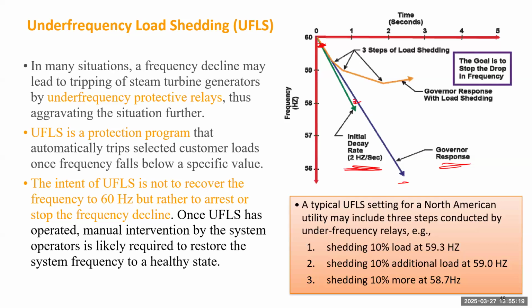For instance, one example is when you detect 59.3 Hertz, which is already higher than the half Hertz protection limit, you shed 10% of load. If that doesn't work and the frequency continues declining, even if the speed is slower, when it gets to 59 Hertz, you need to shed another 10%. If it continues to decline to 58.7, you need to shed another 10%.